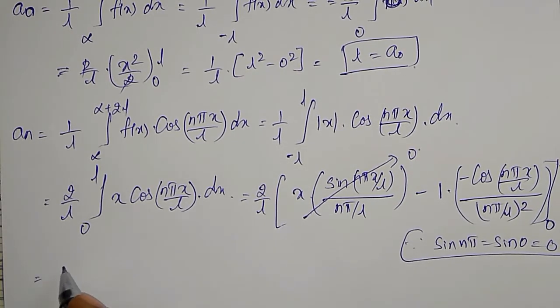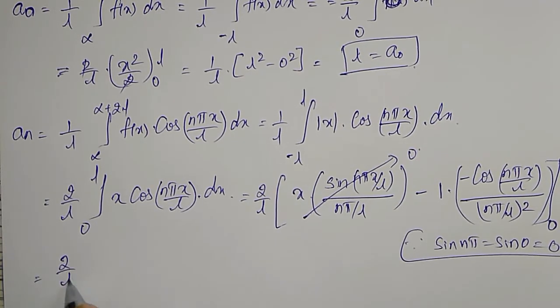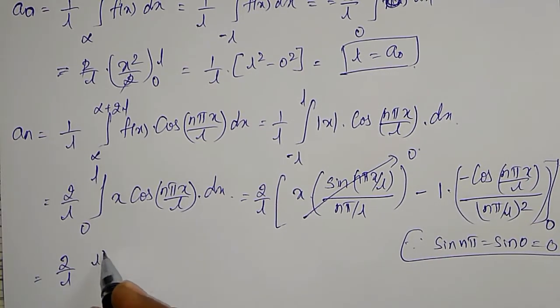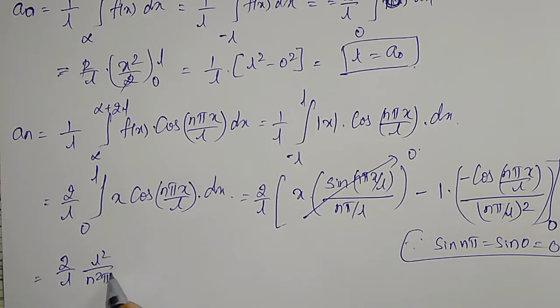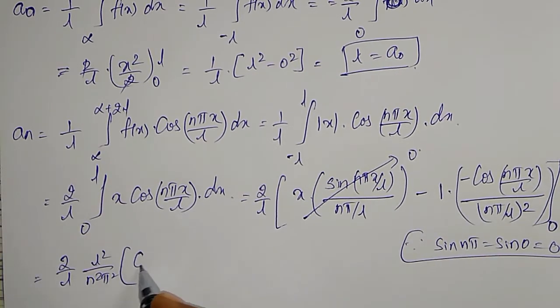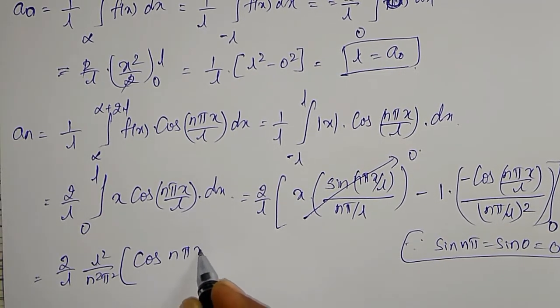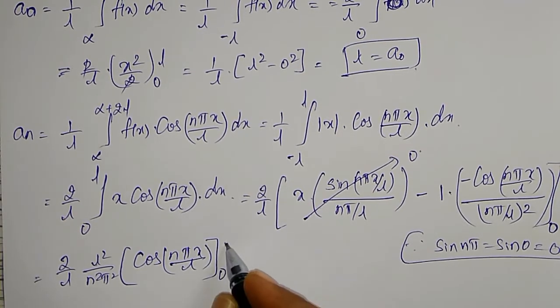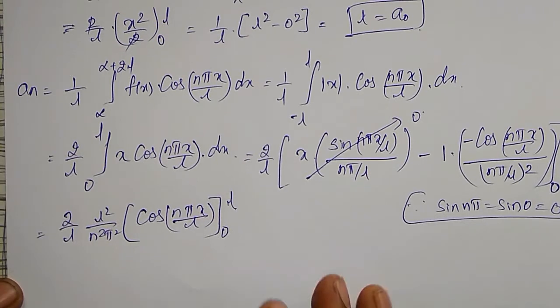The remaining term I can write as 2 by L minus of minus plus, and this one I can write as L square divided by n square pi square, and this is cos n pi x by L between the limits 0 to L. Substitute upper limit minus lower limit.